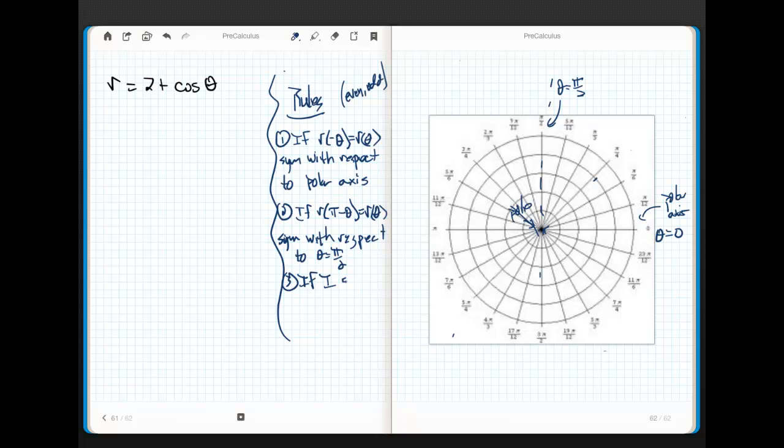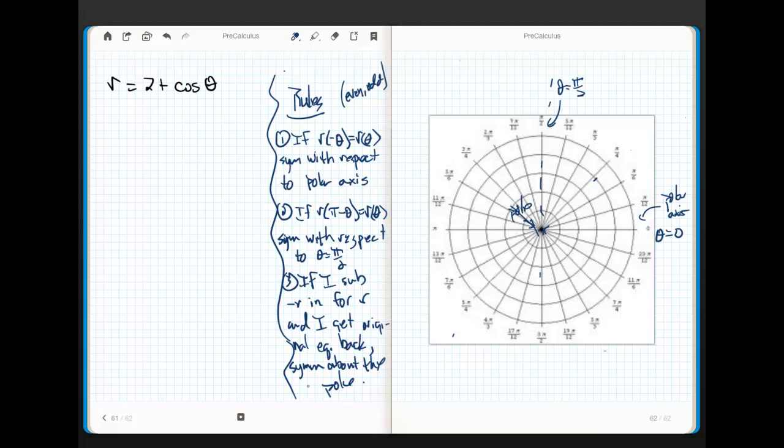If I sub negative r in for r, and I get the original equation back, and I'm symmetric about the pole. Okay? Easy. Nothing to it.